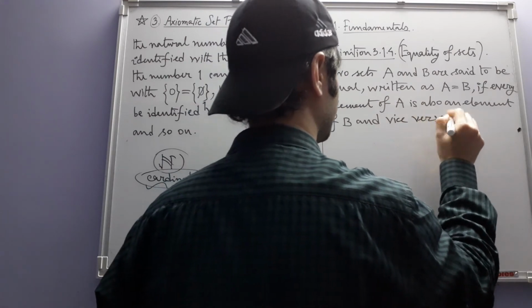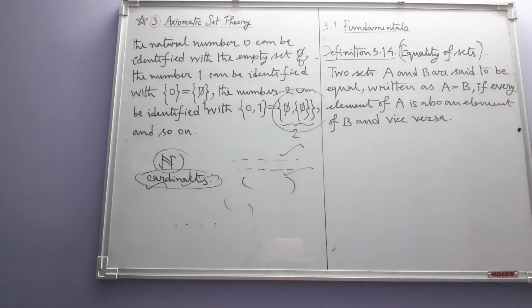That is, every element of B is also an element of A. Then we say that A and B are equal.